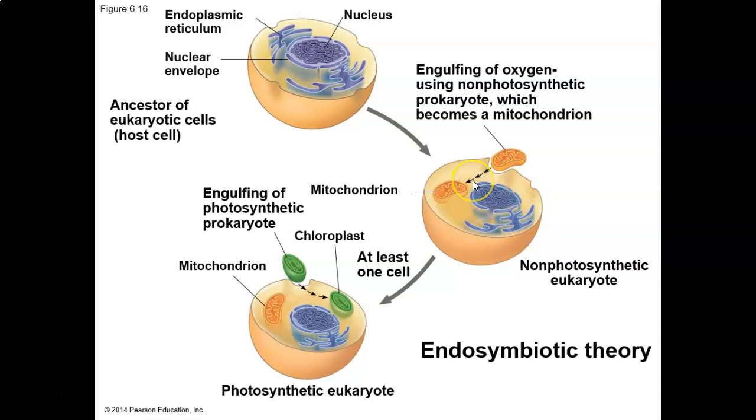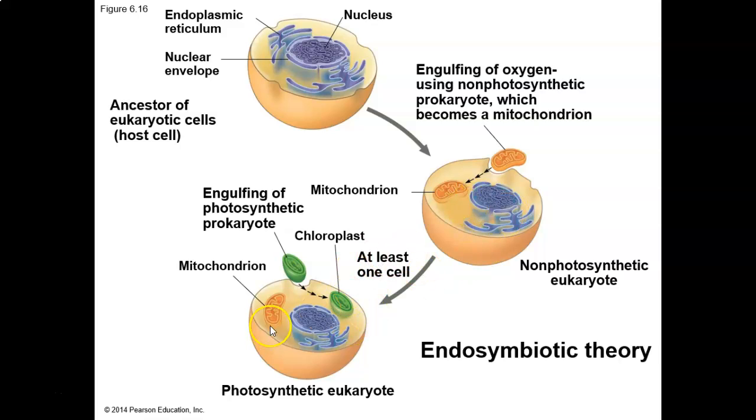That got engulfed by an early ancestor, non-photosynthetic eukaryotic cell, and instead of the lysosome cutting it all up, it ended up benefiting that prokaryote. Now it lives in this nice, safe environment, and that host cell is like, boom, all of a sudden I got this thing that's just making energy for me. So it was a symbiotic, meaning benefited both cells. Ultimately, the prokaryote stopped being its own individual cell and became a part of what was now a eukaryotic cell.